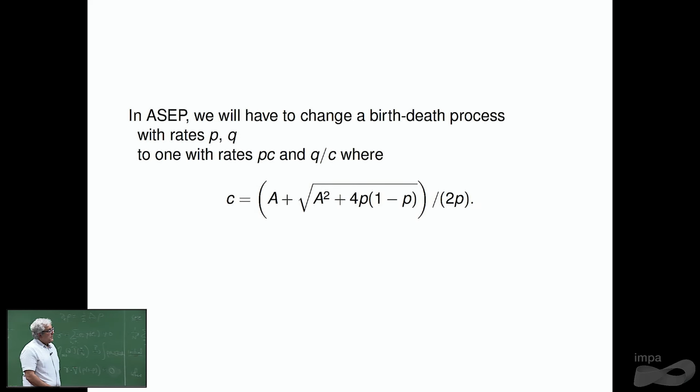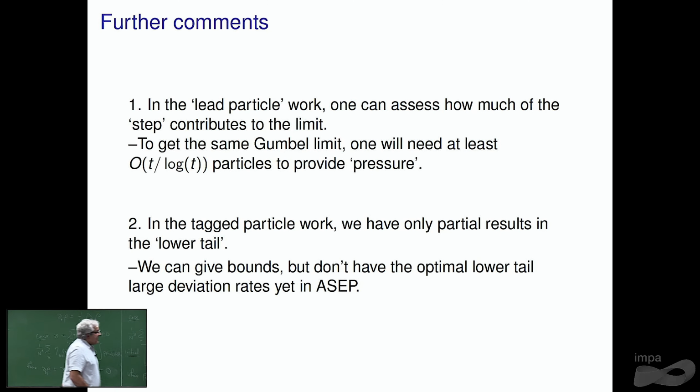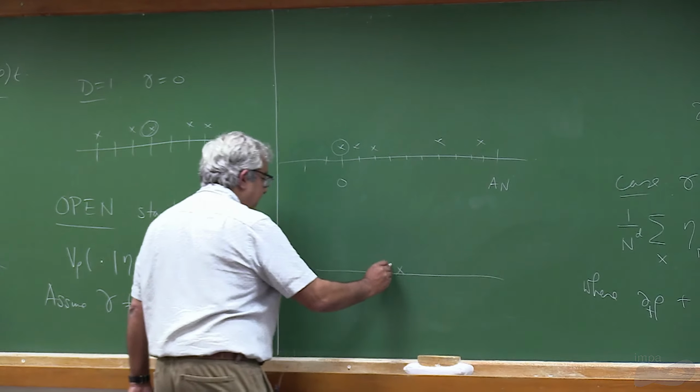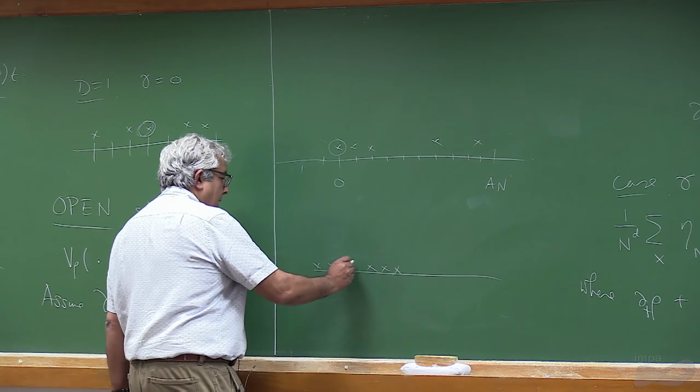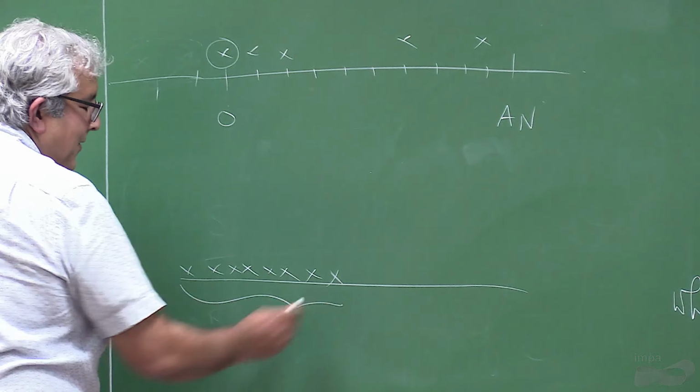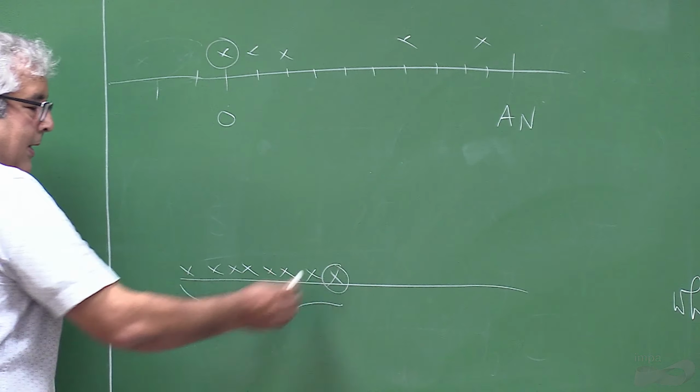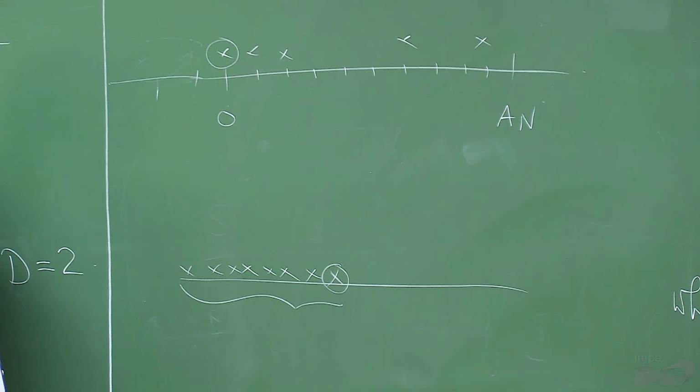Okay, so let me just mention, I think maybe we're getting late, so maybe I won't go through everything. You can ask in the lead particle work. If you start from this step profile, how many of them do you actually need to get the same Gumbel limit?